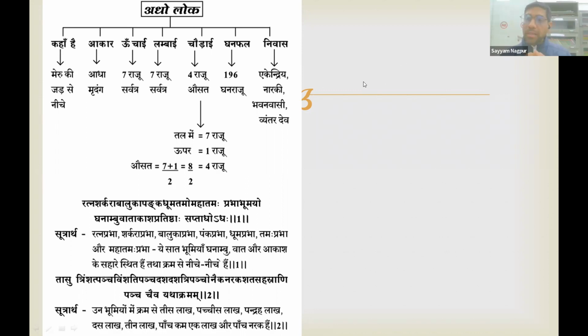That is true. But these narkas are not just underground locations. Rather, above the land also, there are small igloo type of structures. And then there are rabbit holes or snake holes, kind of holes where these narkis live. Fine. So now we are going to talk about the number of naraks in each bhumi, land.